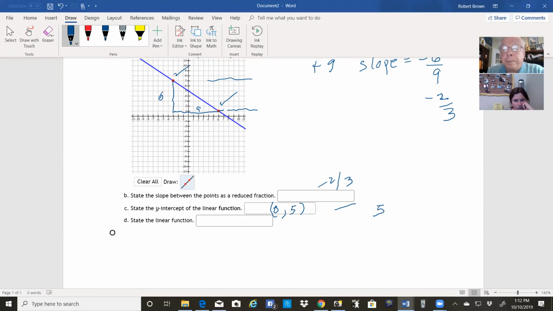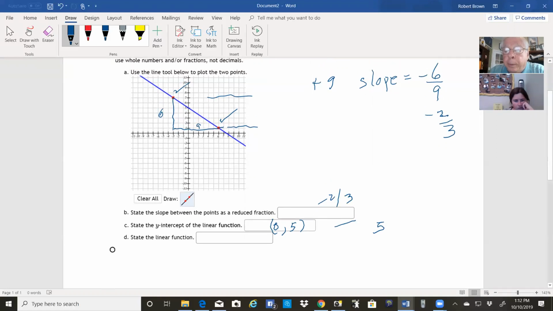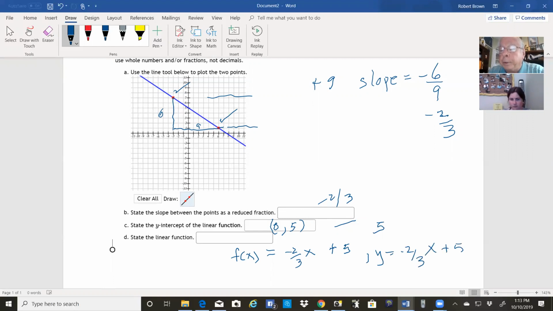We'll see what we should put in a second. The linear function would be f of x equal minus 2/3 x plus the y-intercept, which is 5. Some people would put in y equal minus 2/3 x plus 5, and it would tell you it was wrong. So let's go back. It's minus 2/3.